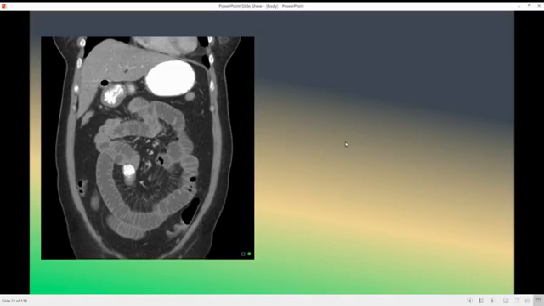Siraj: gallstone ileus, closed loop, gallstone ileus.